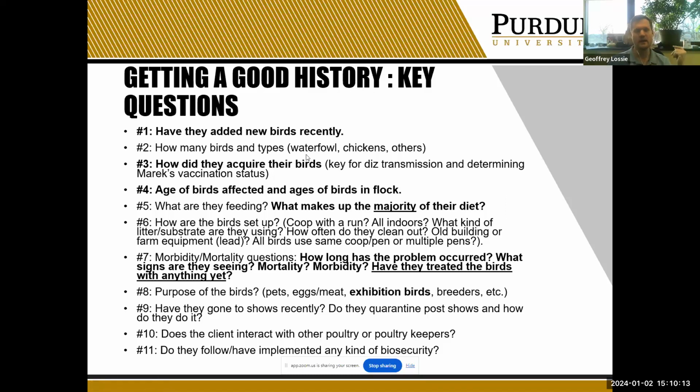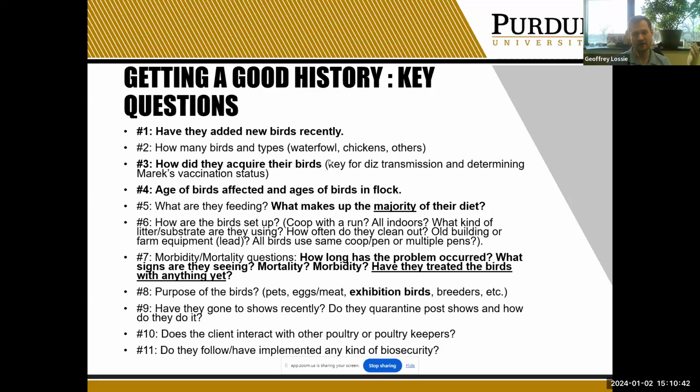The first one is number one, and it is, have they added new birds recently? I cannot express the number of times that I've taken calls from members of the public. I have taken calls from all walks of life, new chicken owners, experienced chicken owners, and they are describing to me a new developing disease of some type in their flock.